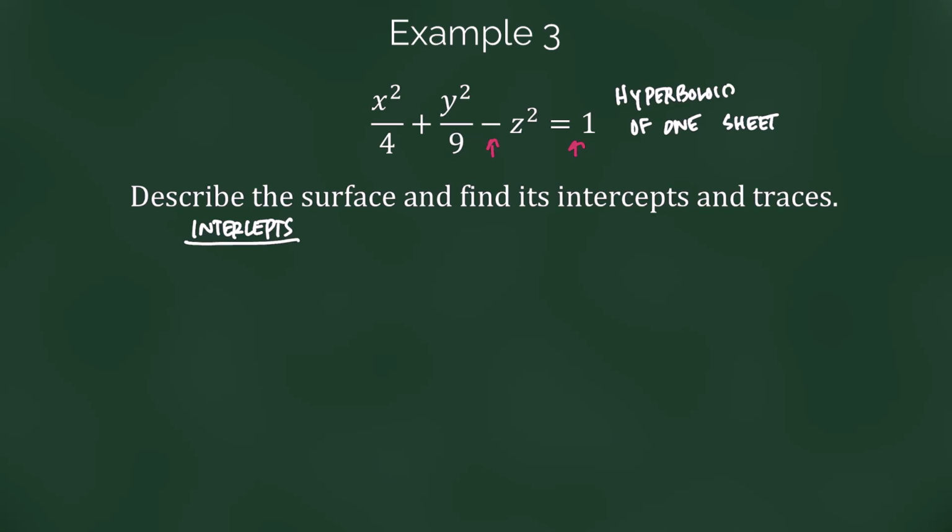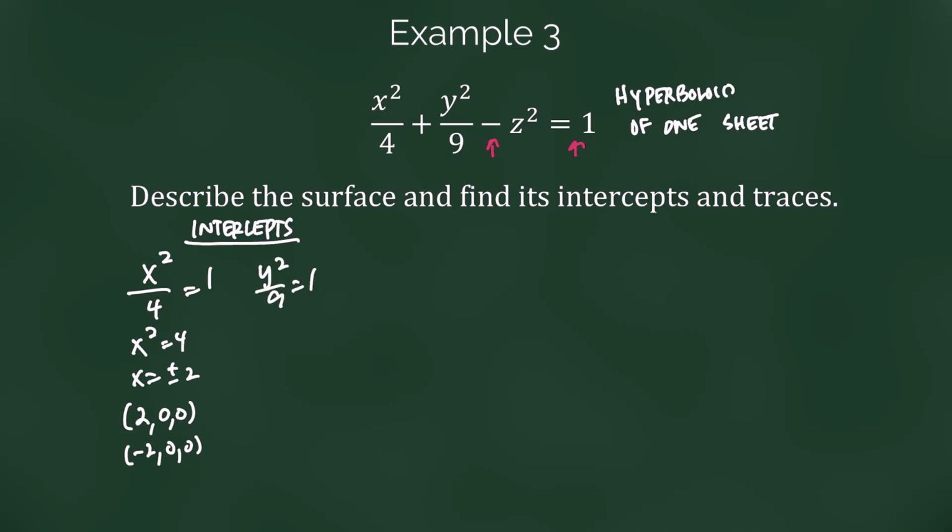So for the x-intercepts, y and z are 0, so we get x squared over 4 equals 1. So x squared is 4. And so our x-intercepts are 2, 0, 0, and negative 2, 0, 0. For our y-intercepts, we're going to get y squared over 9 equals 1.